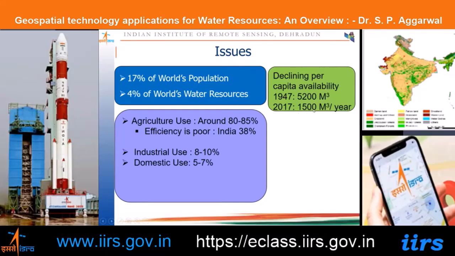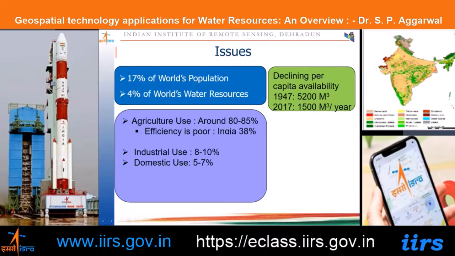This was already crossed in 2017. Now we are heading towards being a water stress country. If water availability is less than 1500 meter cube per year per person, then the country is under water stress. And now in 2021, we are under water stress. So this is the issue.